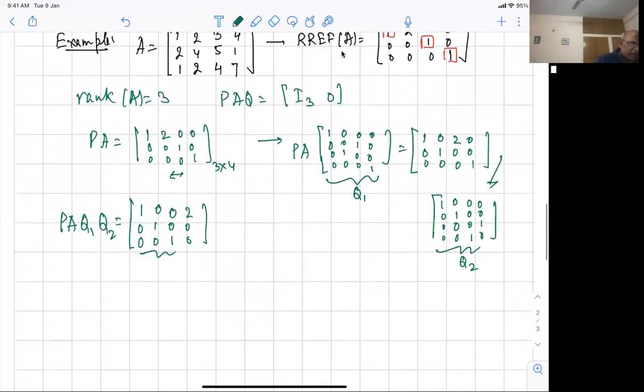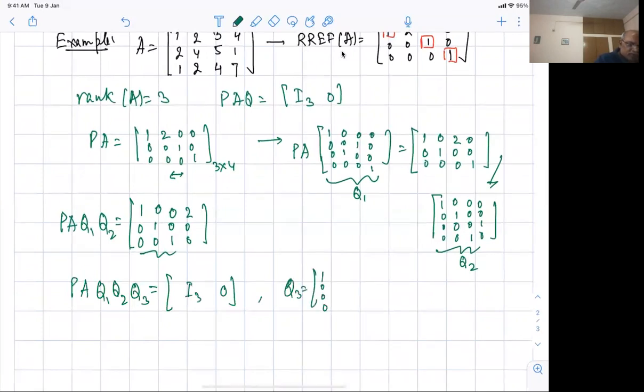Fine. Now you again have to multiply. So I can look at PA, Q1, Q2, Q3. And I need to define Q3, which will make it I3, 0. So define Q3 as follows. I'm not doing anything to the first column, nothing to the second column, nothing to the third column, and the fourth column has to be replaced.